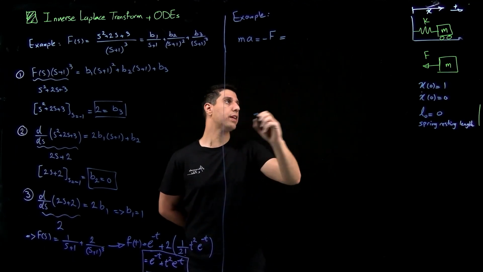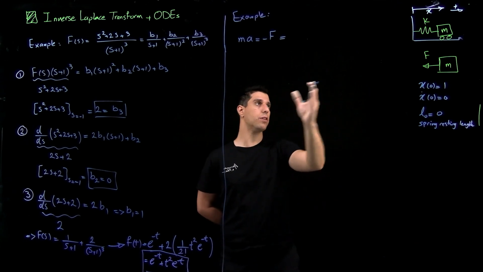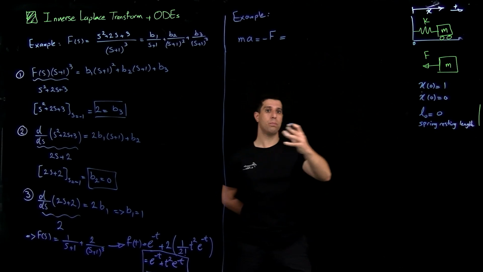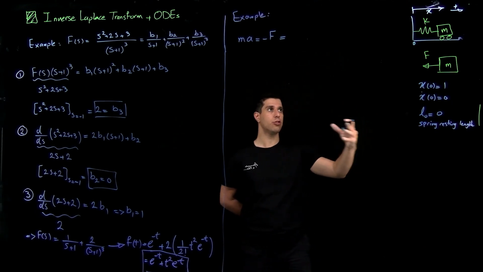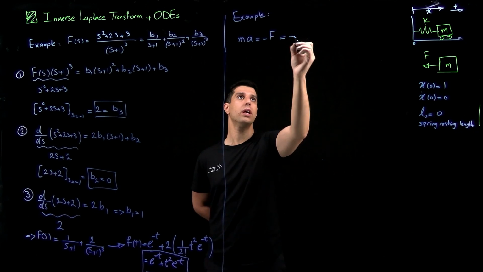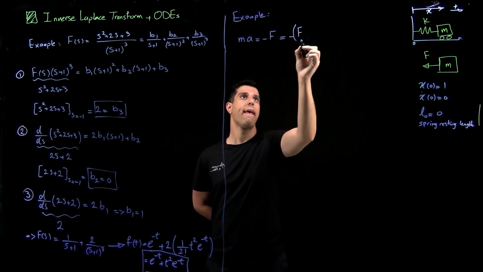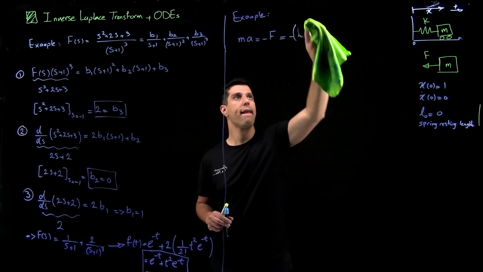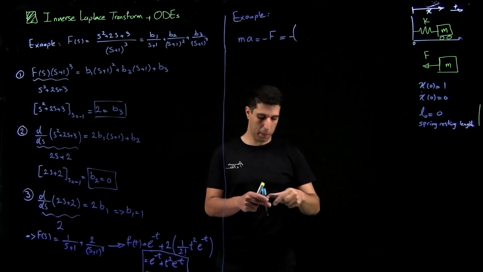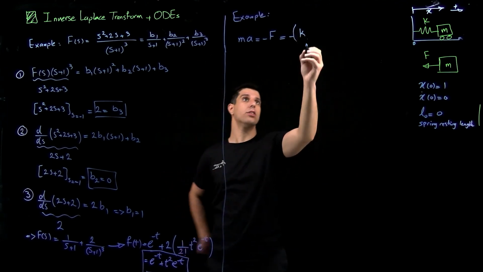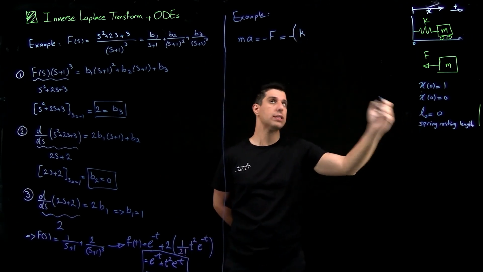And F here, if starting from 0, this is 0 length. If I pull x in the positive direction, the force F is going to be, oops, this should be k, k times x minus 0, 0 being the resting length.